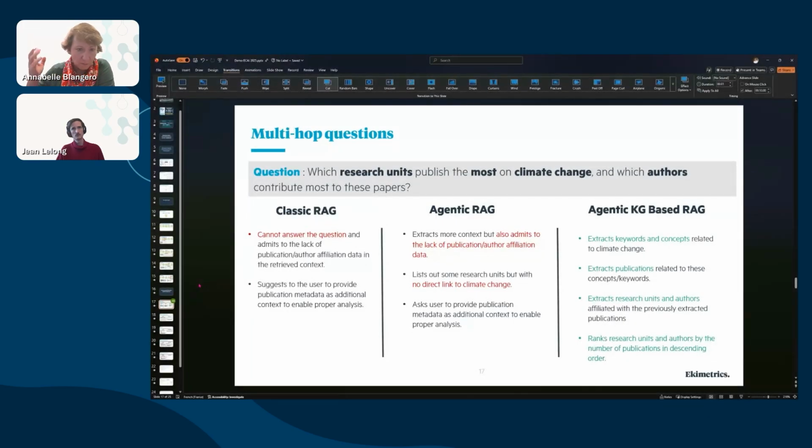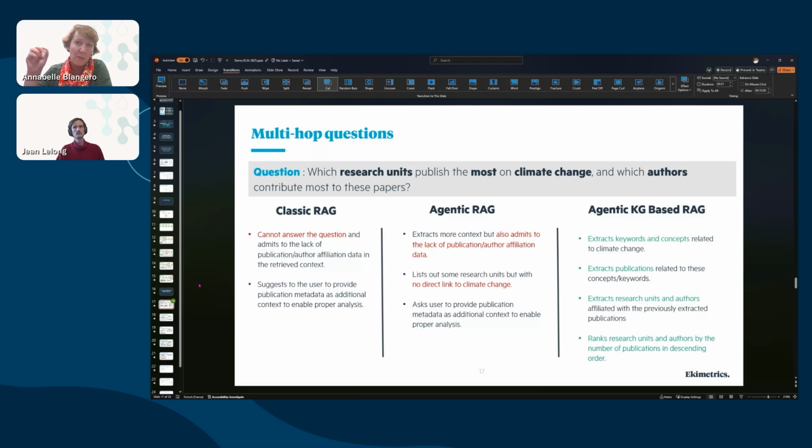Let's take one example. For example, this question: which research units publish the most on climate change, and which authors contribute most of these papers? So here we have two different questions within one. So it's a multi-hop, and definitely the classic RAG is just not able to answer the question at all.